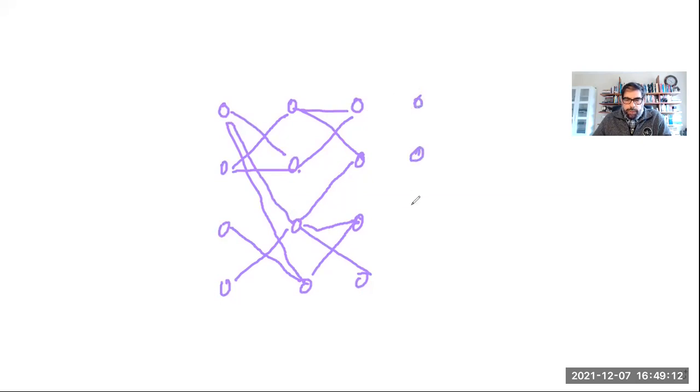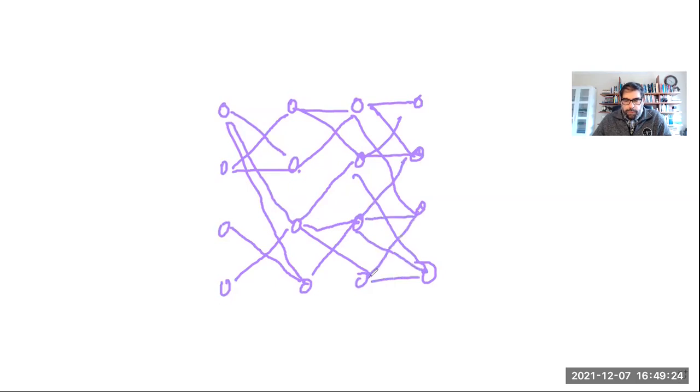And finally, they are connected to one neuron, and there's an output.